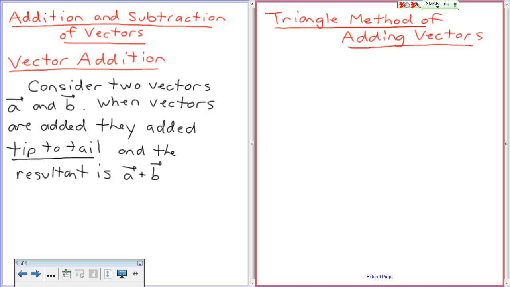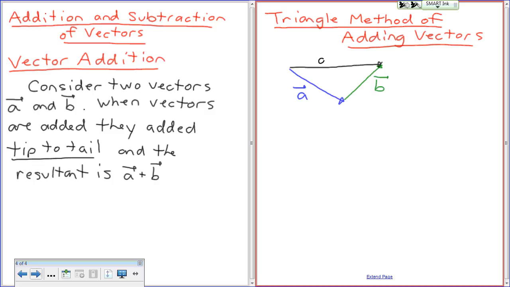Okay, so here's vector A, like this. Here's vector B. This on the top is A plus B.